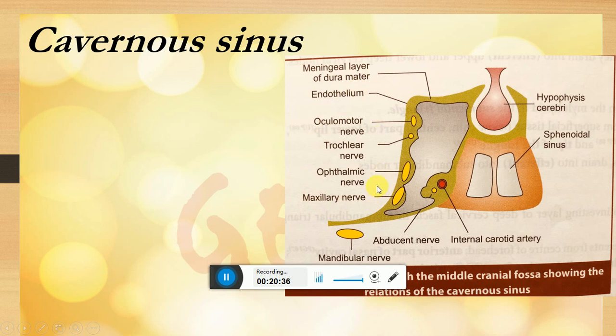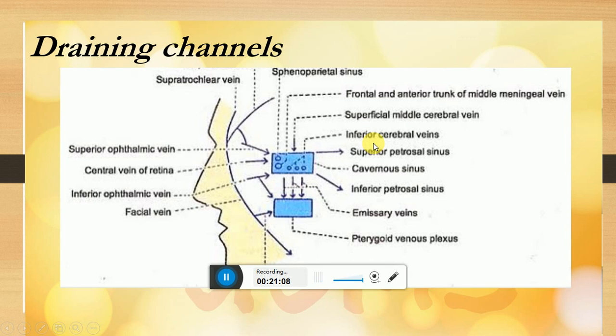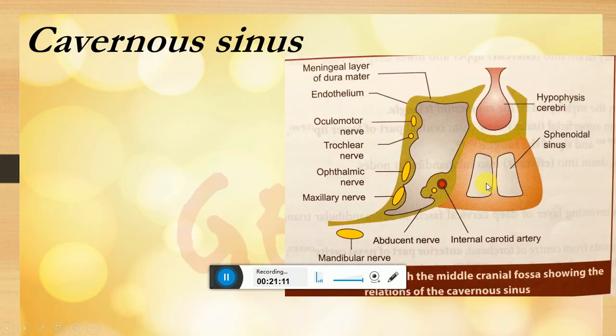And structures passing through the center, this is important: the internal carotid artery and the abducent nerve in the center. This is really very important. Structures in the lateral wall are the oculomotor, trochlear, ophthalmic and maxillary nerves.